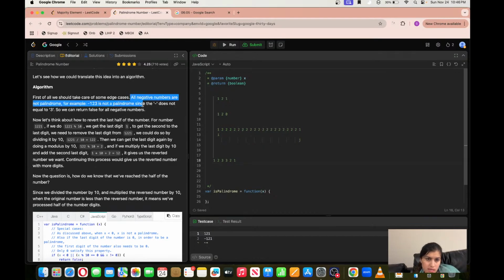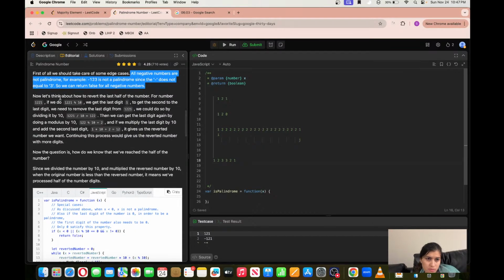All negative numbers are not palindromes, that's true. Now let's talk about how to revert the last half of the number. For 1 2 2 1, if we do percent 10, we get the last digit.